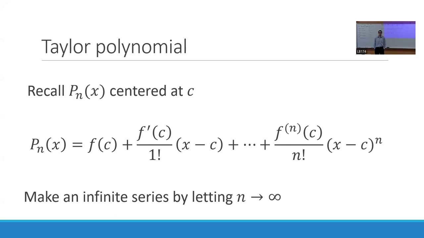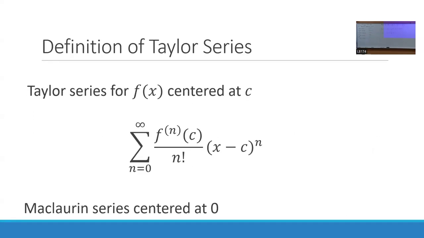All we have to do to make an infinite series is let my Taylor polynomial go to n and let n approach infinity. So a Taylor series is basically an infinite Taylor polynomial.